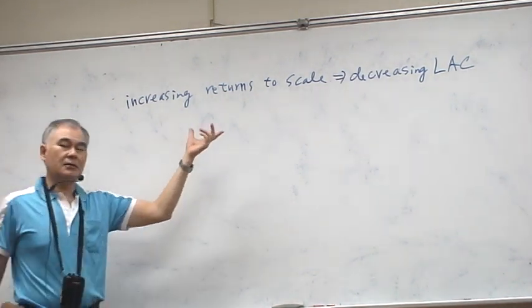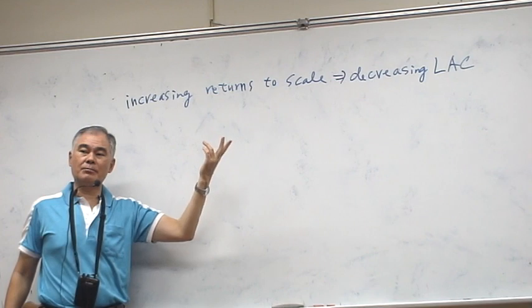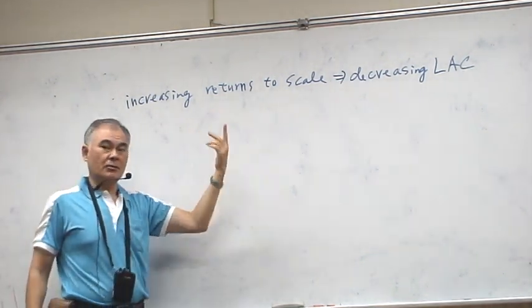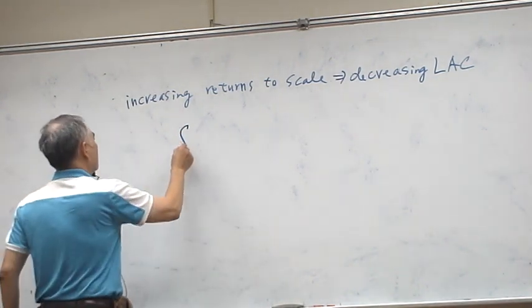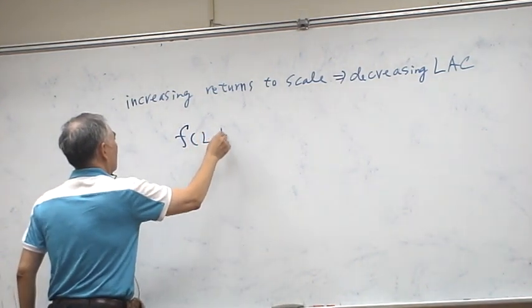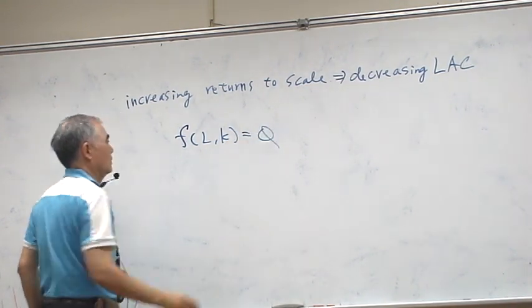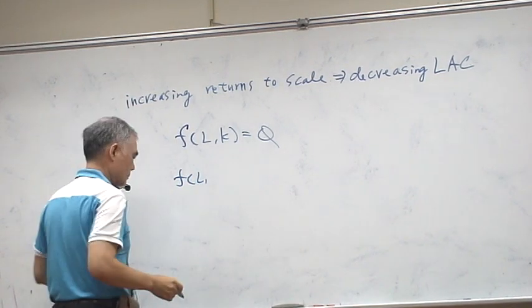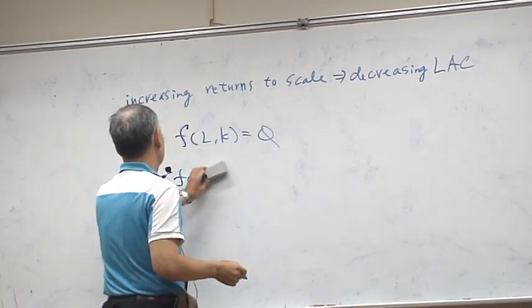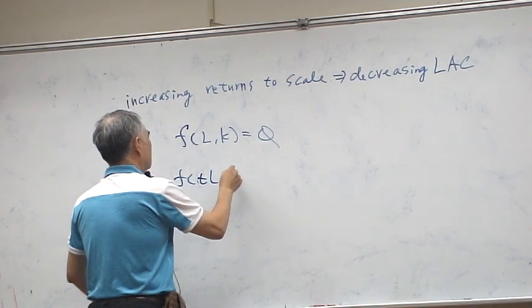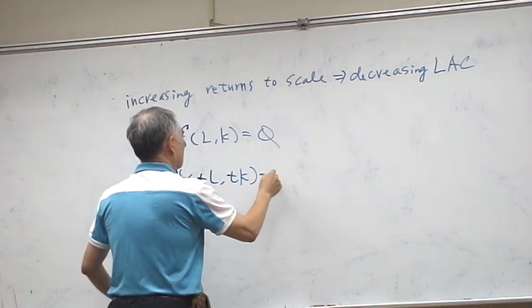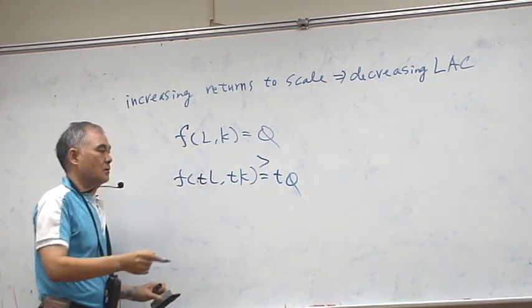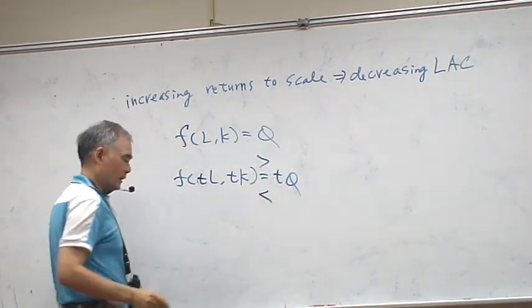So first of all, in terms of economics, you always want to remember the definition. So returns to scale, what's the definition? The definition is F(L, K) equals Q. Then you want to compare F(tL, tK) with tQ. Whether it's greater, equal, or less.